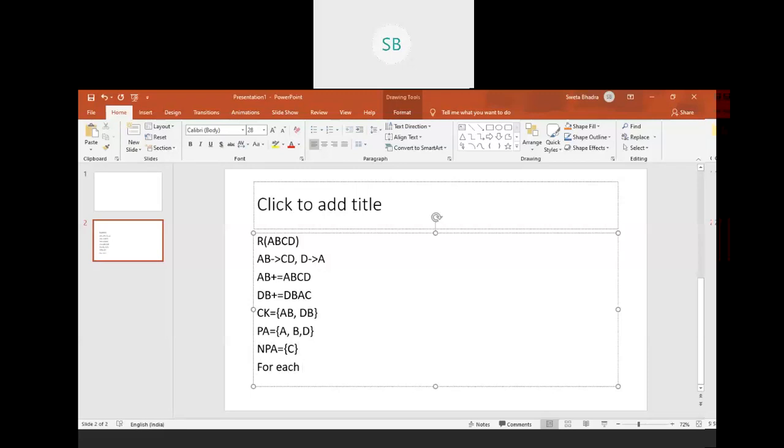For each functional dependency, the LHS must be a candidate key or super key, or the RHS must be a prime attribute.